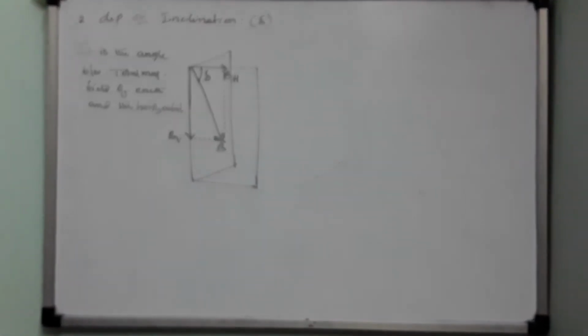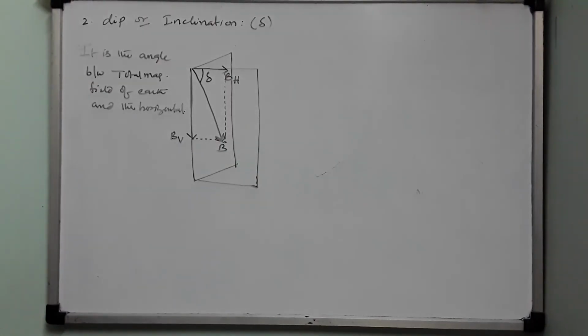Or you also can define it as the angle made by total magnetic field with the horizontal direction is known as what? Delta. Okay, right.